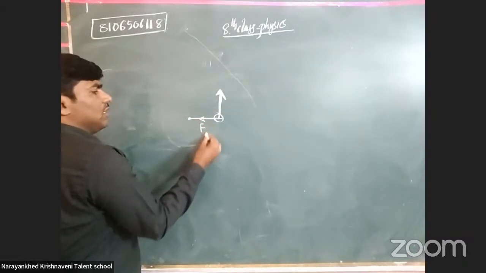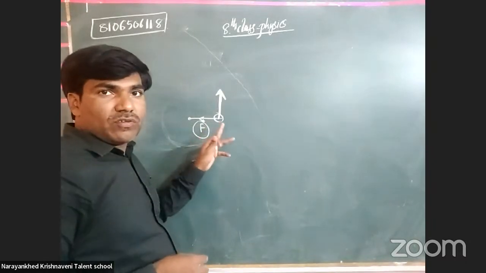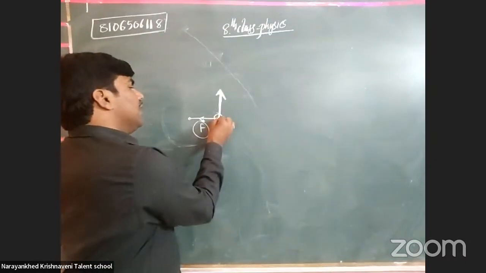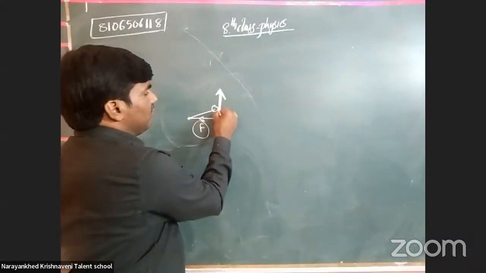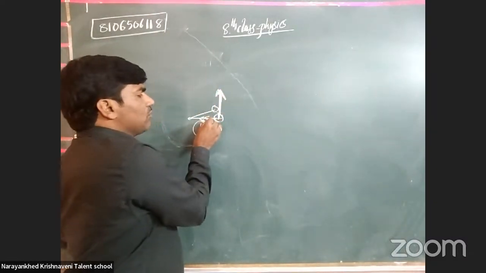One force is working, that is called the centripetal force. And the body will go away from the center also, and the linear path does not come to this path.